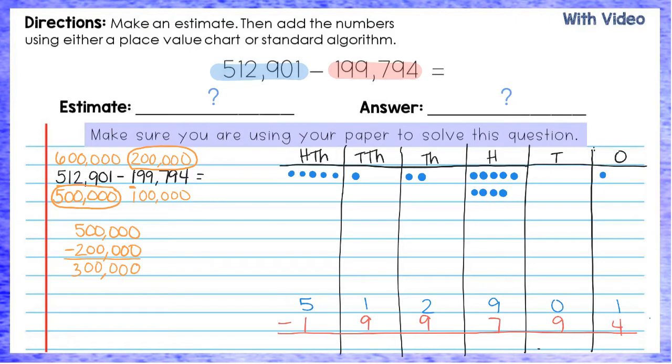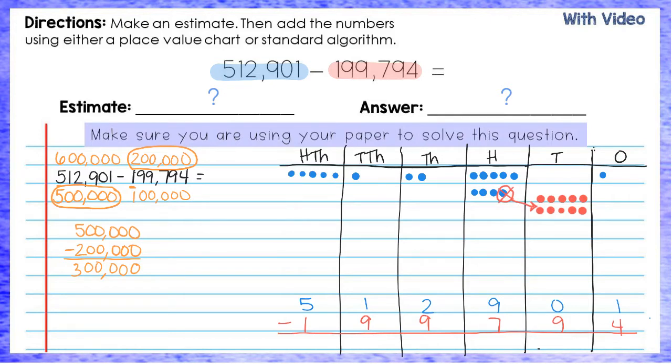So I have to come all the way over to the hundreds. And I'm going to take my 100 and bring it over to the tens. 100 is the same as 10 tens. Count with me. 10, 20, 30, 40, 50, 60, 70, 80, 90, 100. So that is how I got my 100 into 10 tens.